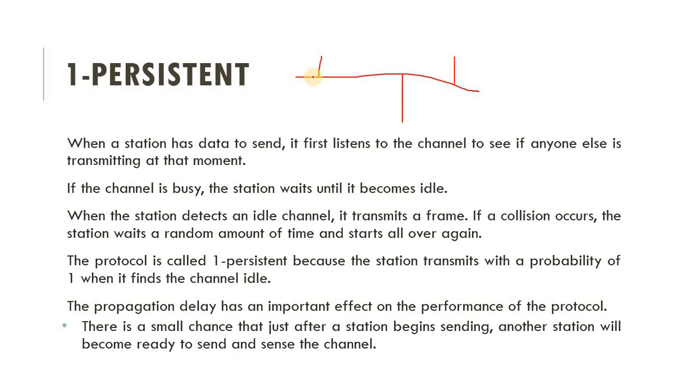When this node wants to send data on this channel, it only checks at this node, and if there is already a signal passing on that channel, then it waits for some time and then checks again whether the channel is idle or not. When the channel is idle, it immediately starts transmitting, but there is a possibility that at the same time another node also starts transmitting, and at some point a collision occurs in one persistent.